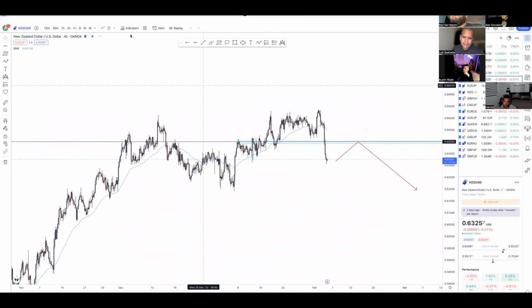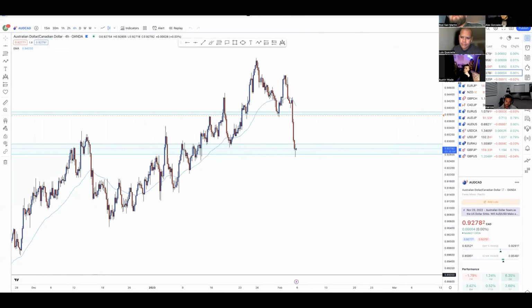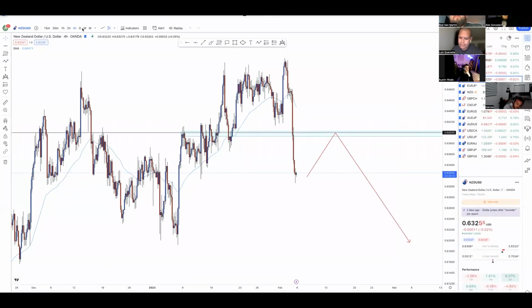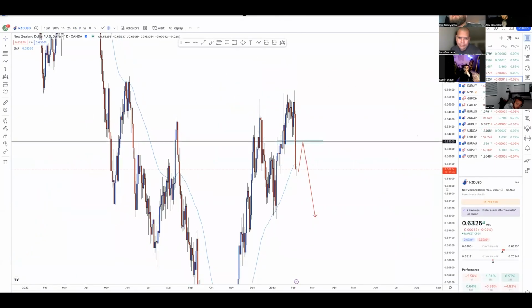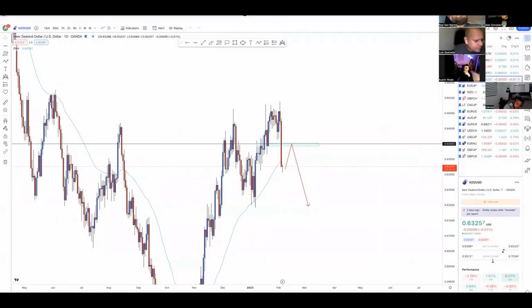Yeah, that's pretty much it. Just waiting for the pullback to sell. Looks literally like AUD CAD. Same thing. Not that crazy about it though, because the weekly is bullish. So for now we'll just put it down here.